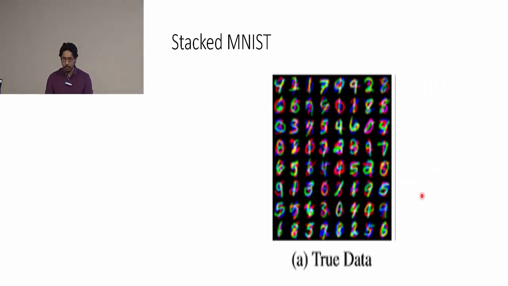So the next experiment they ran was on stacked MNIST, which was specifically designed to increase the number of discrete modes. It's created by taking 3 randomly sampled digits along the red, green, and blue color channels, and it creates 1,000 modes.